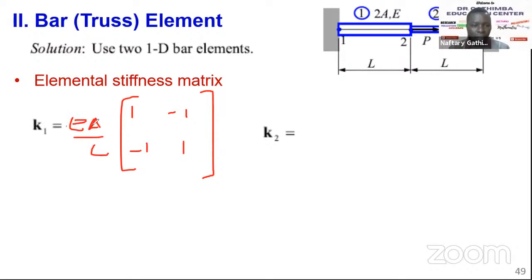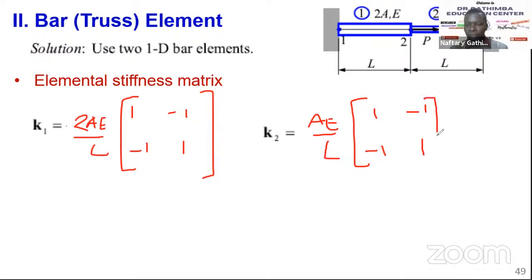Remember the A here is 2A for element 1. Therefore, for element 2 we are going to have the same case, but now AE over L times 1, minus 1, minus 1, 1. You should be writing this in your notes. But the beauty of this online thing is that you can always come back here and refresh.